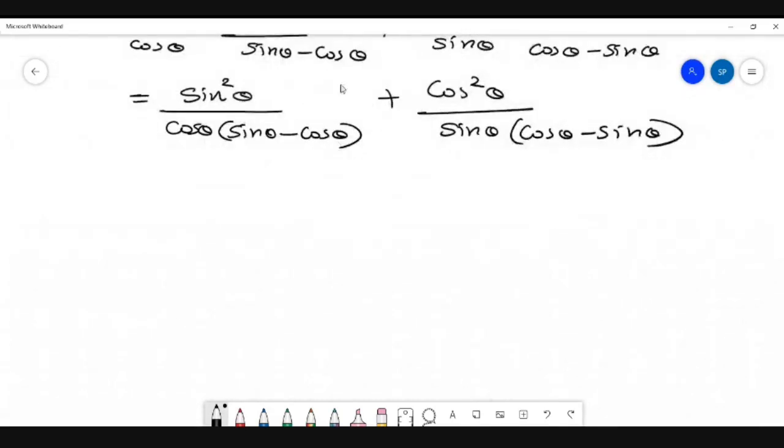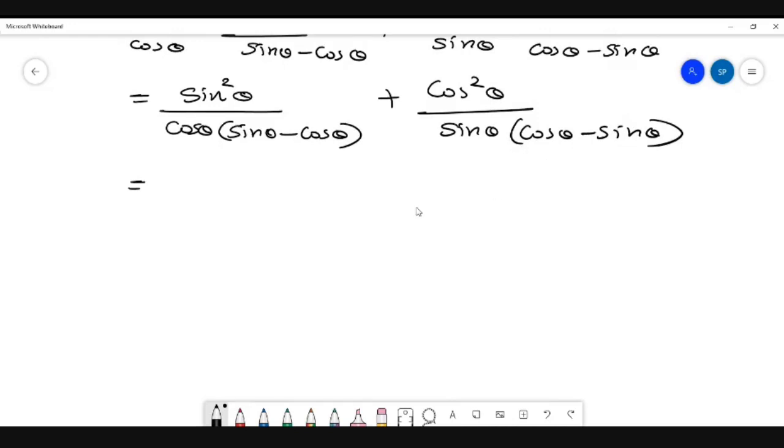Now again we simplify. These are two different rational expressions, that is sin square by cos theta into sin theta minus cos theta plus cos square theta by sin theta into cos theta minus sin theta. Here again we'll do the cross multiplication.